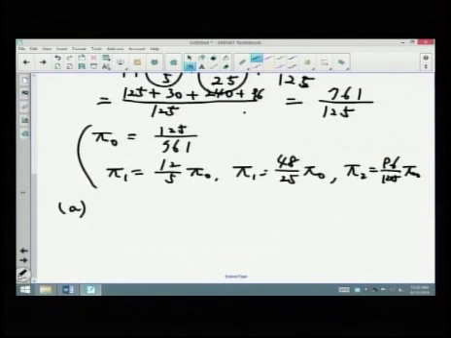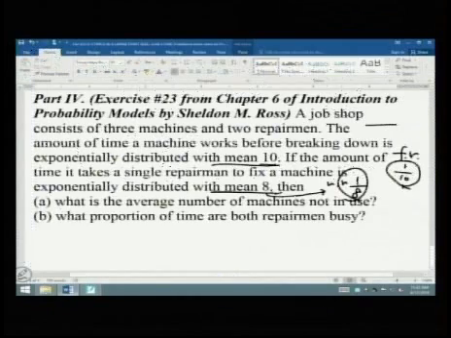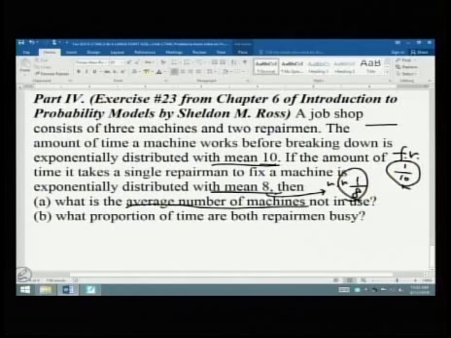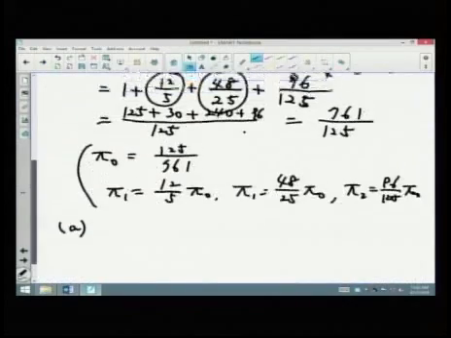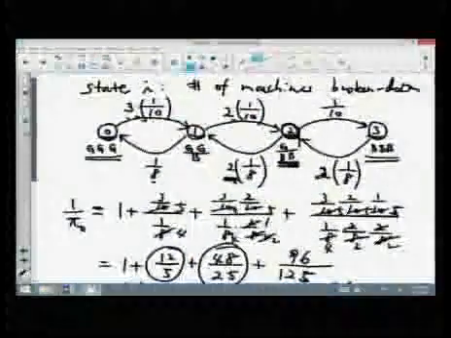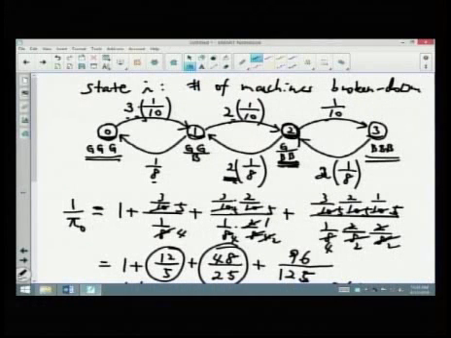Okay, so how do you answer the first question? It's asking you the average number of machines not in use. So if you are in state 0, how many machines are not in use? 0.